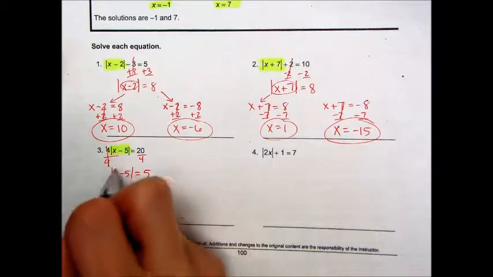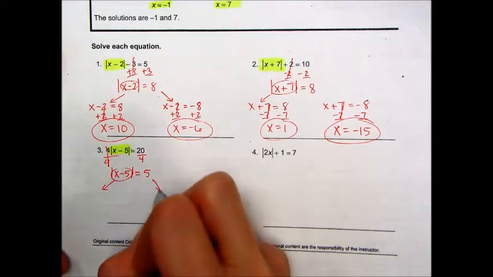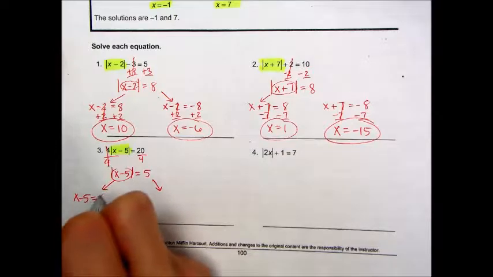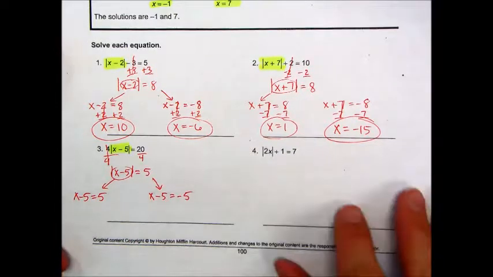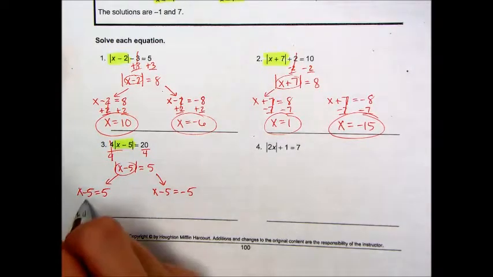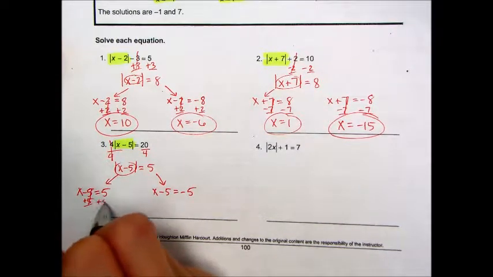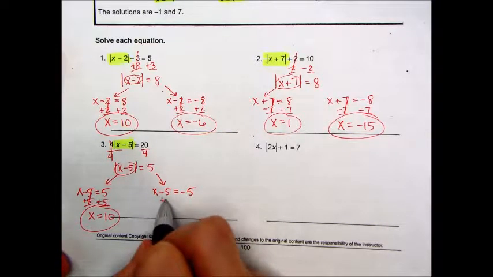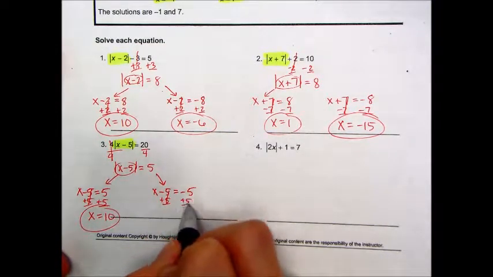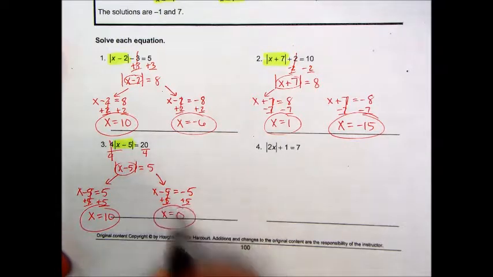That means that x minus 5 could equal 5, or that x minus 5 could equal negative 5. Solve them both. So this one, you're going to get x equals 10. This one, you're going to get x equals 0.